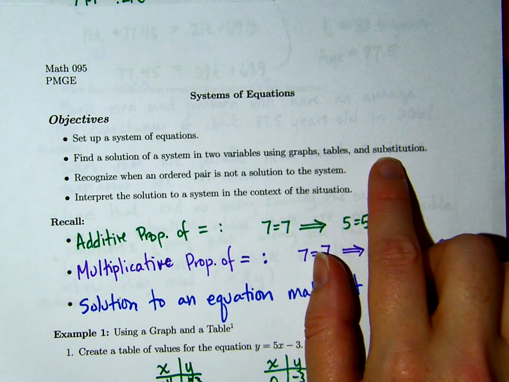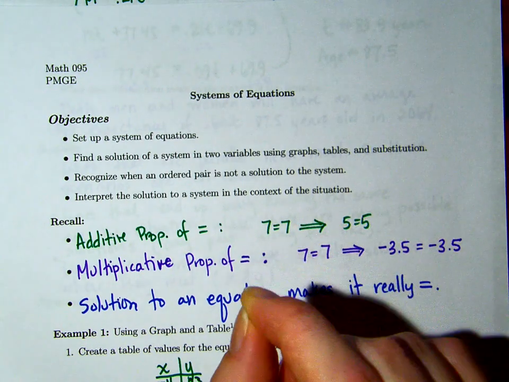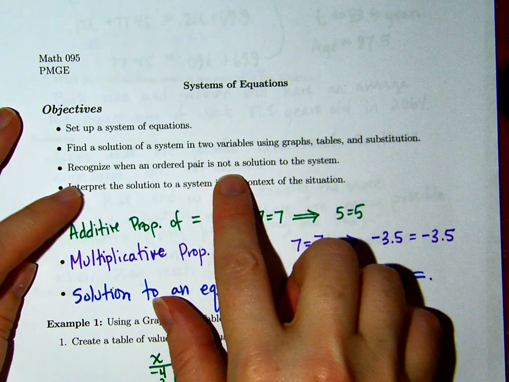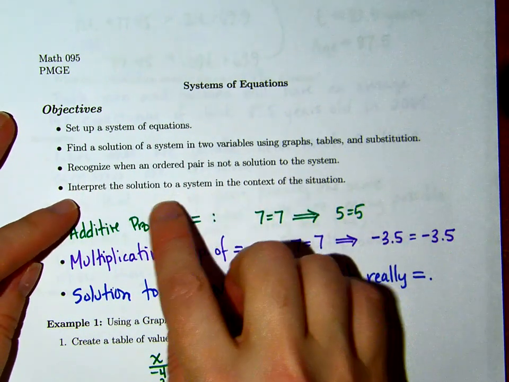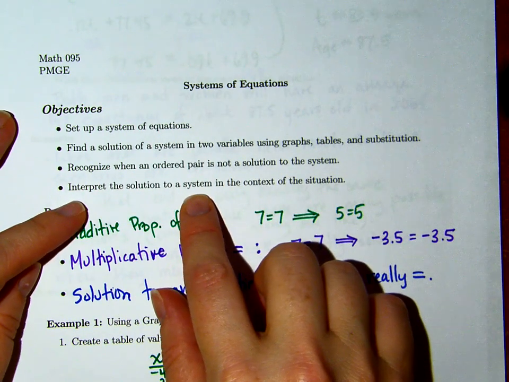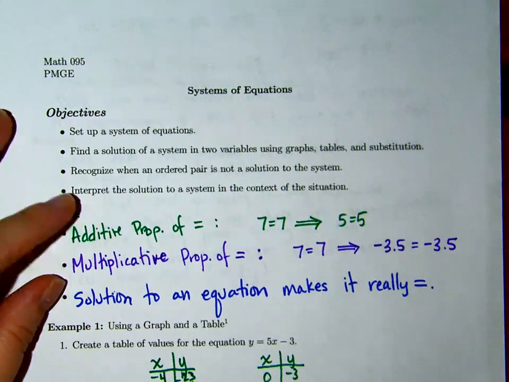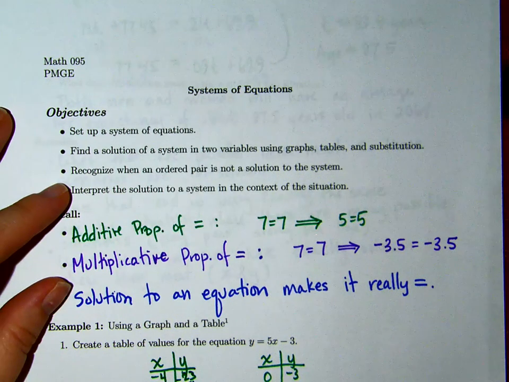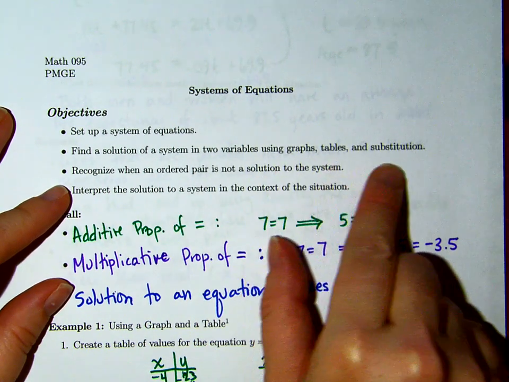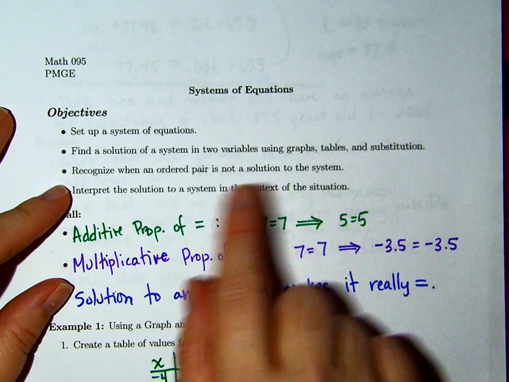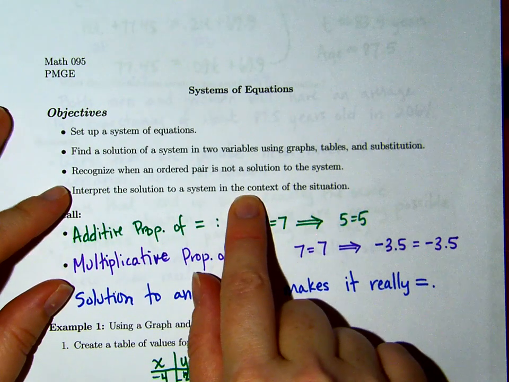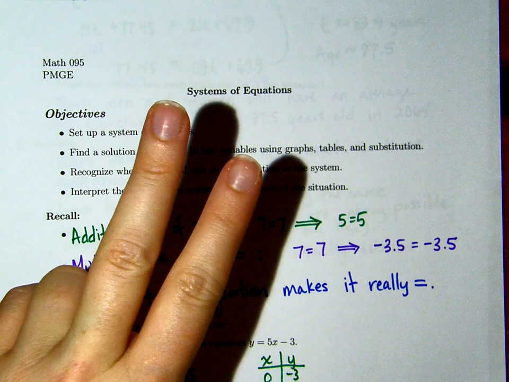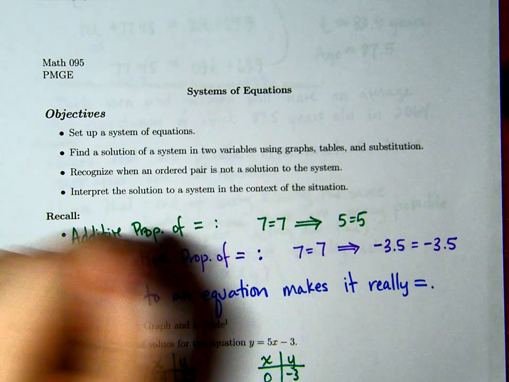And sometimes we like to use substitution where we set the two equations equal and solve those algebraically. Recognize when an ordered pair is not a solution and when something is a solution, and interpret it. So, the last section of this chapter, systems of equations, graphs, tables, setting them equal, and then writing what it means. Remembering that there are two values for any solution to a system.